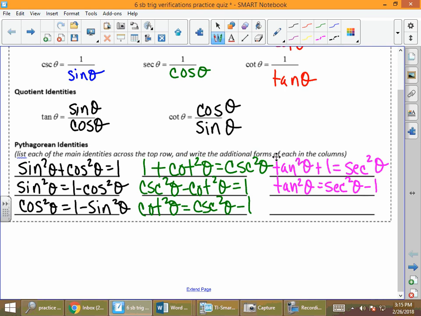Or we also can say, if we subtract tangent squared theta from both sides, secant squared theta minus tangent squared theta equals 1. And there's our identities that we can use to help us verify.